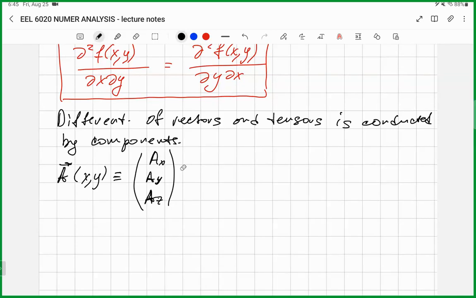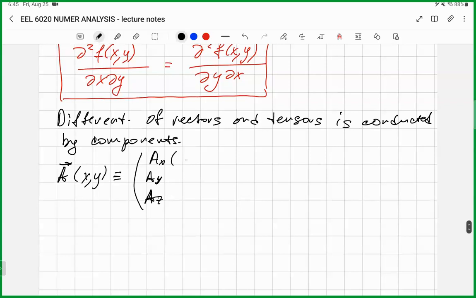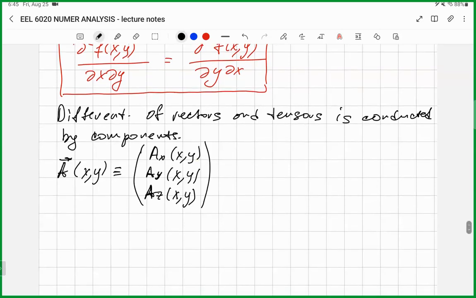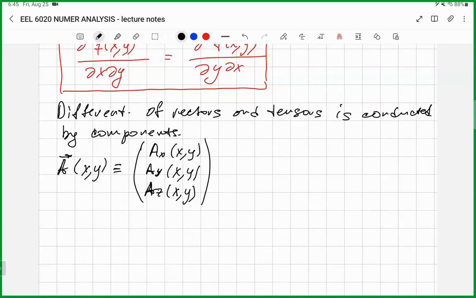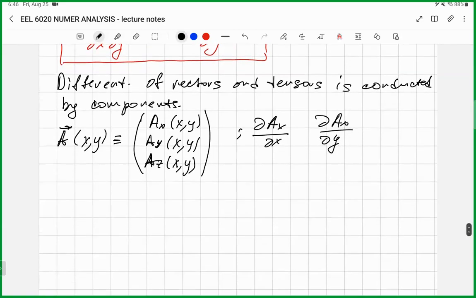And of course, these components are functions of x and y. So all components of a vector that is a function of x and y are also functions of x and y. And when we take the derivative of components, for example Ax, we can take the derivative of Ax by x and by y.